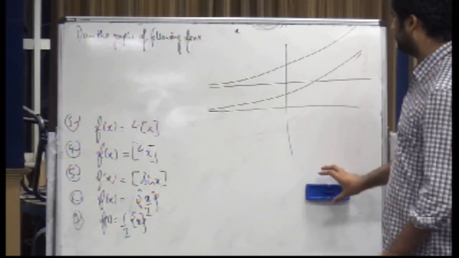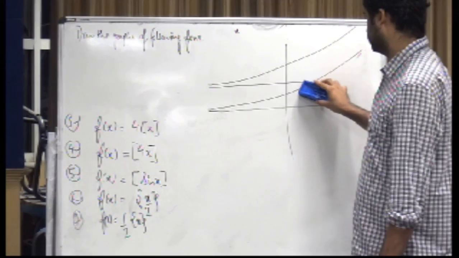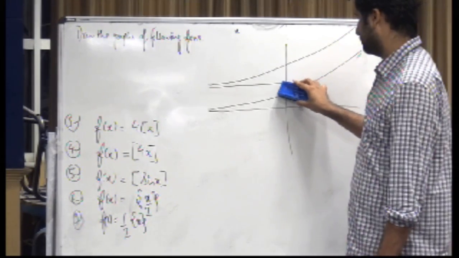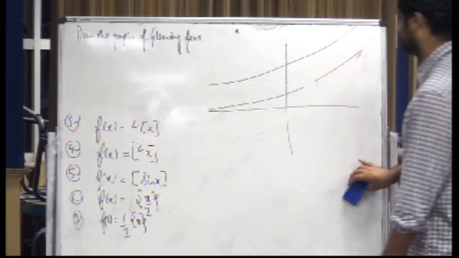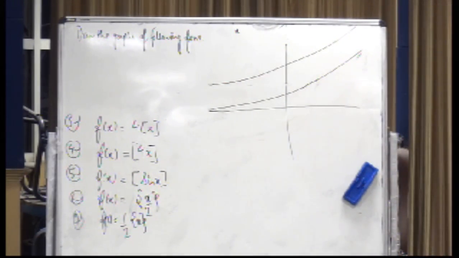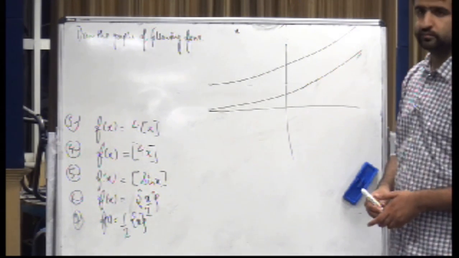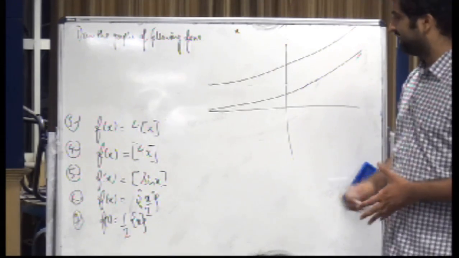So this is a good way of doing it, and then you erase this line. So these are the two graphs. Have you done the third and fourth? No? Are you trying? Do you need time or should I do it?